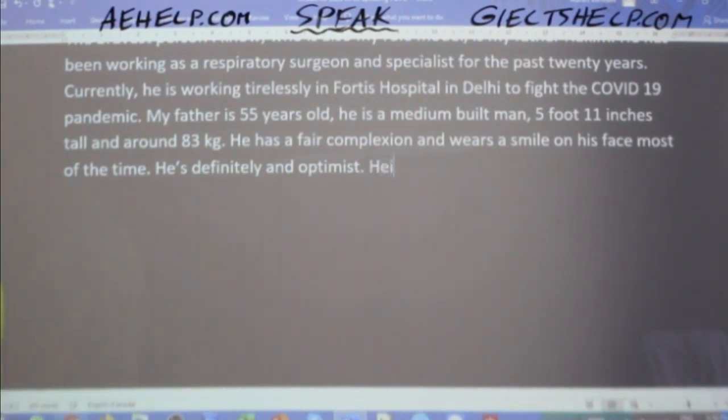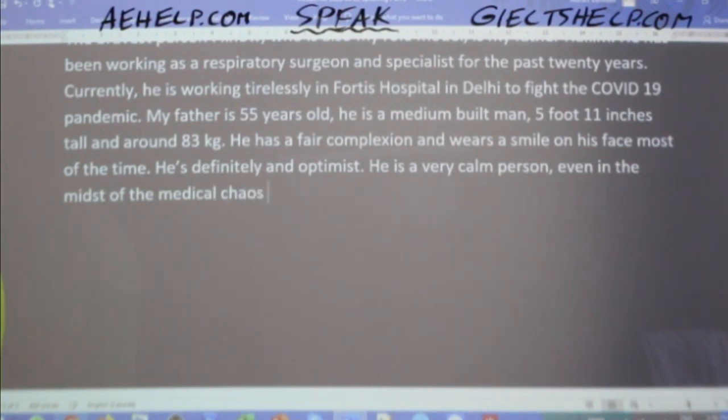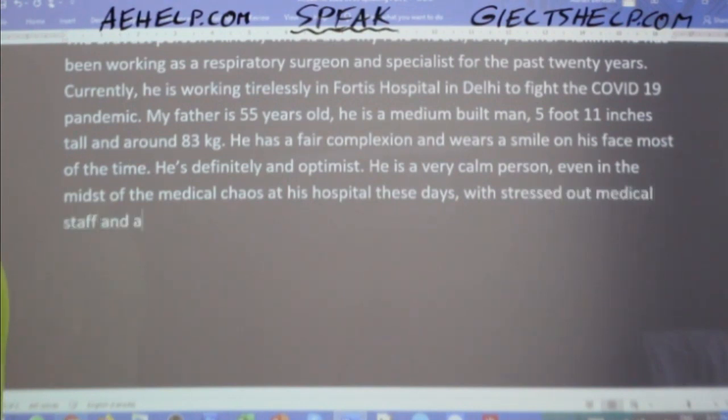He is a very calm person, even in the midst of the medical chaos at his hospital these days, with stressed out medical staff and angry and frightful patients.